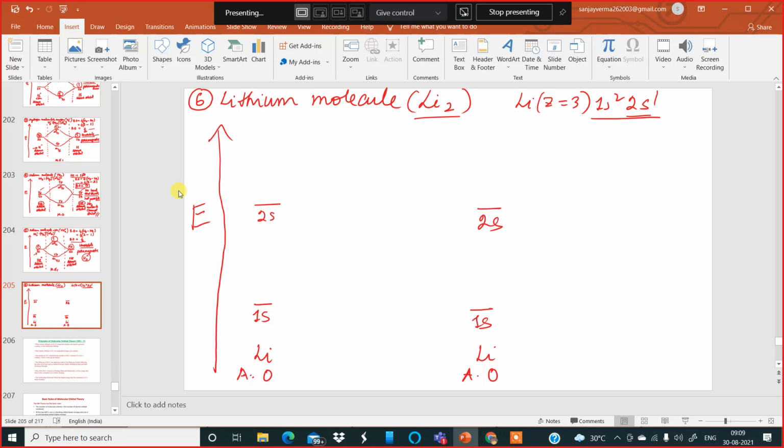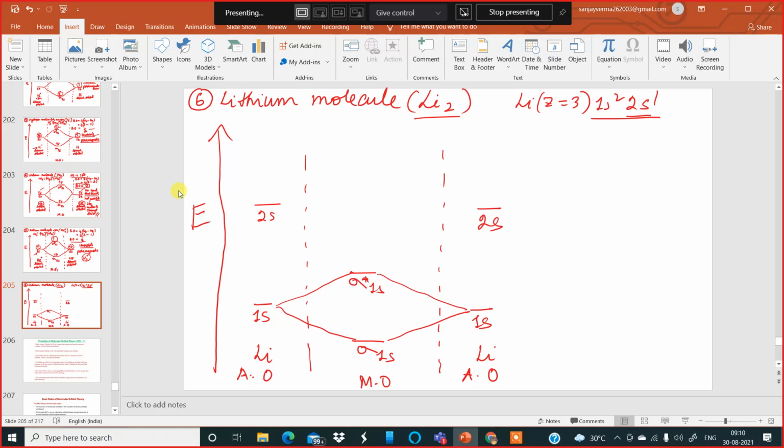Now I'll make dotted lines to demarcate the atomic orbitals from the molecular orbitals. This is the molecular orbital in the center. Now I'll allow their combination. This one is sigma 1s, and this one becomes sigma star 1s.